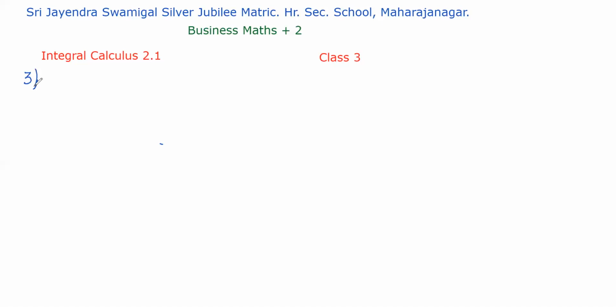Third formula: integral of 1 by x dx is equal to log of modulus of x plus c. Let's see why we are putting a modulus for the variable x.